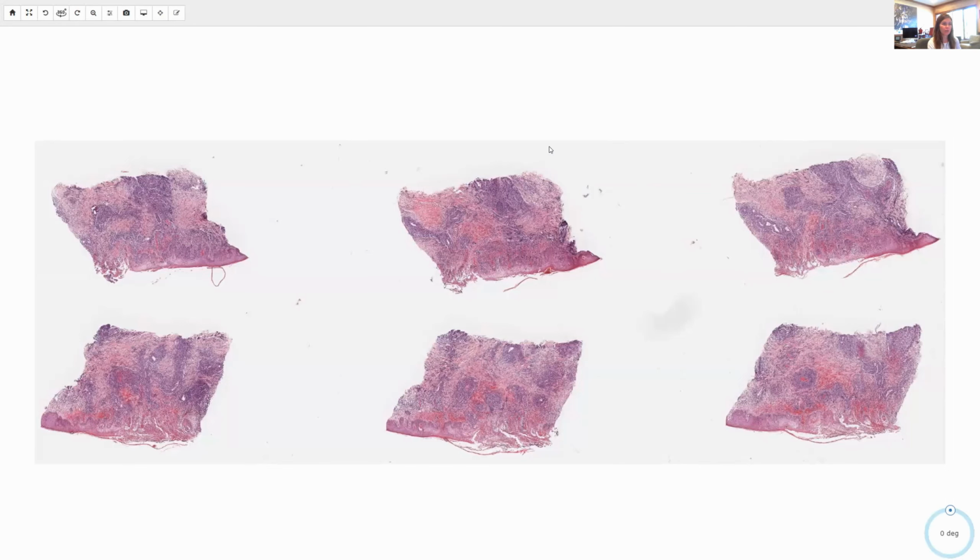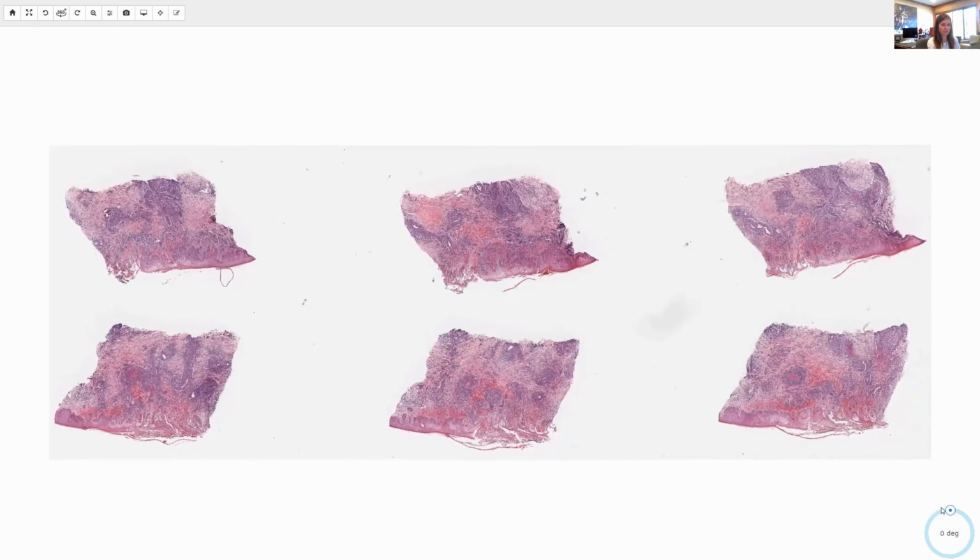Type E LYP is an interesting variant. It's the angioinvasive and angiodestructive variant, and these can mimic a natural killer T-cell lymphoma. And sorry, I skipped over type C. Type C is more of a diffuse dermal infiltrate, a sheet-like infiltrate of those atypical lymphocytes that resembles cutaneous anaplastic large cell lymphoma. And we don't have an example of that to share.